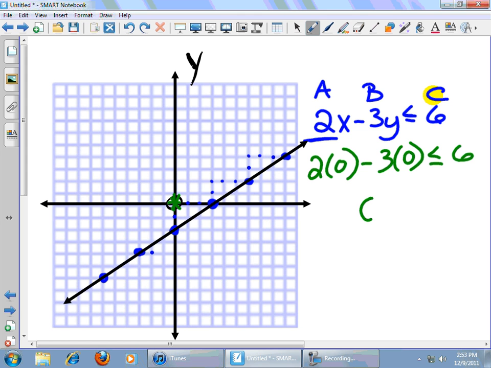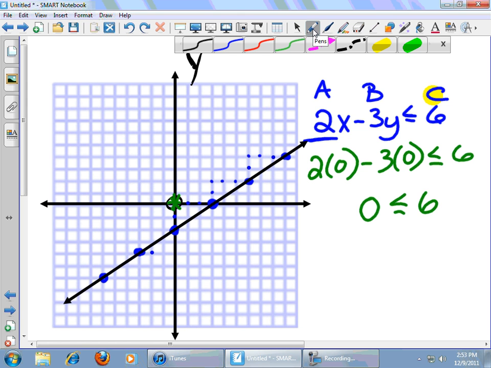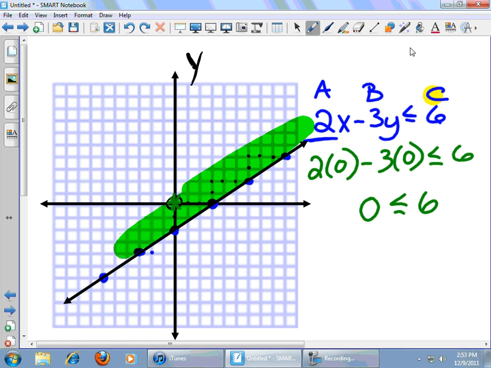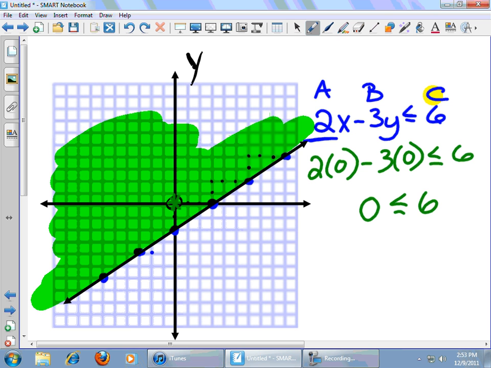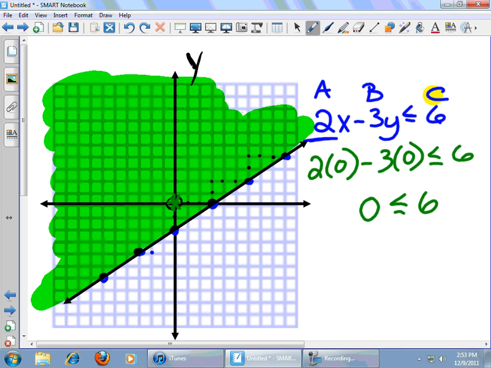The left-hand side will simplify to 0. 0 is less than or equal to 6. You bet your bootstraps. It sure is. Because it is, I will shade the side of the line that the test point is on. If I pick any point on the line or any point in the green shaded region, I shall get a true statement. And there you go.